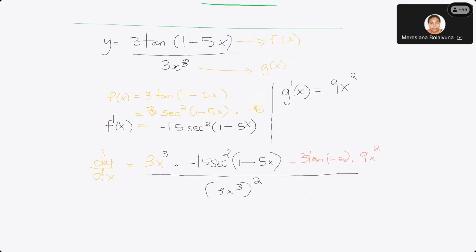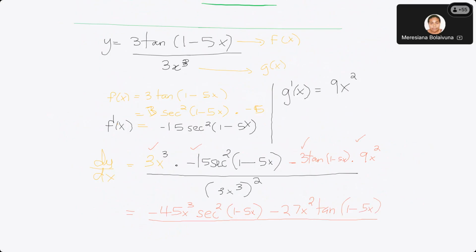Now when you simplify, the 3x cubed is multiplied with -15, so we get -45x to the power of 4, and then secant squared 1 minus 5x, and then the 9 times the 3 is minus 27x squared, and then tangent of 1 minus 5x. And what is g squared? If I remove the bracket, what do you get?